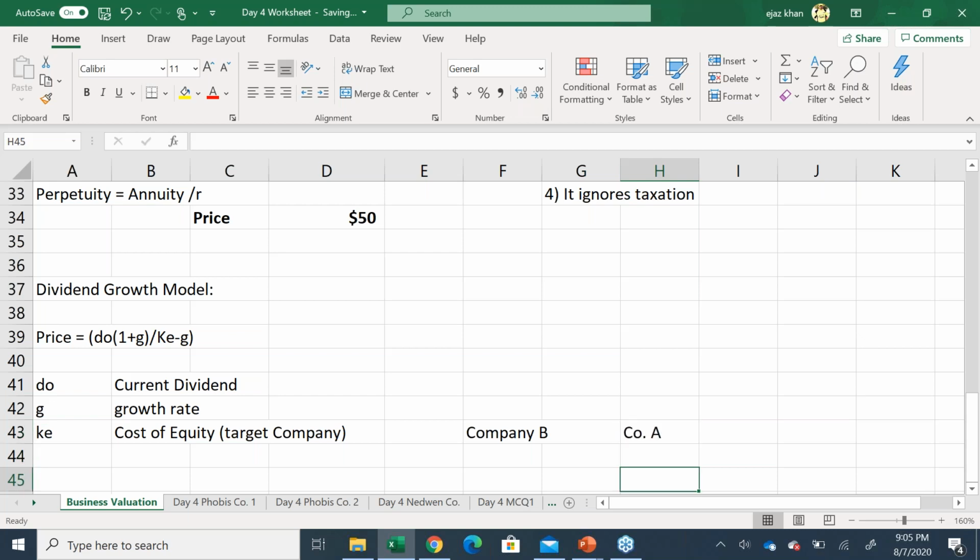Which one should we use? We should be using the cost of equity of company A. Remember this. It's a very small thing, but you will lose marks if you make a mistake here. So cost of equity should always be used of the target company, not of the acquiring company.